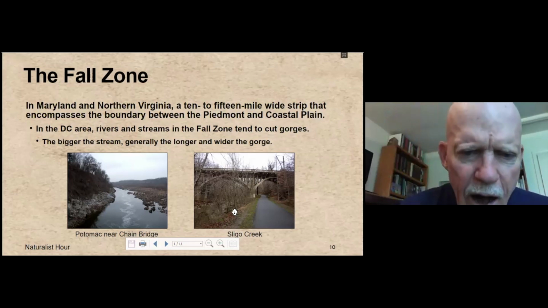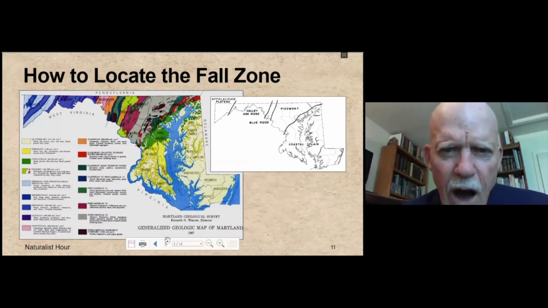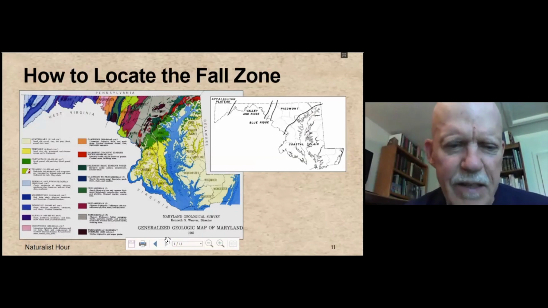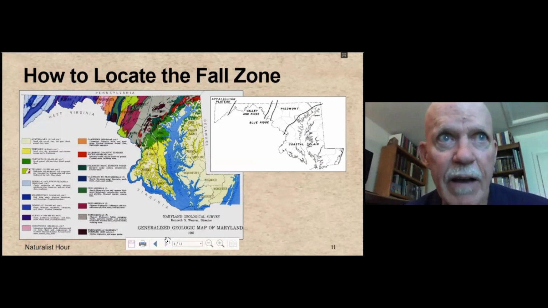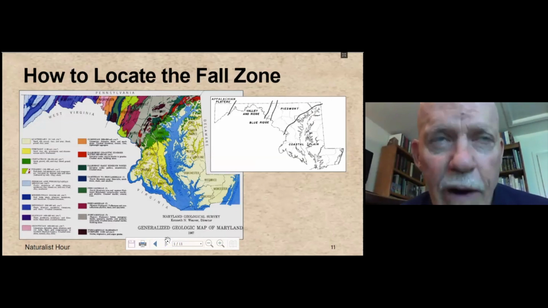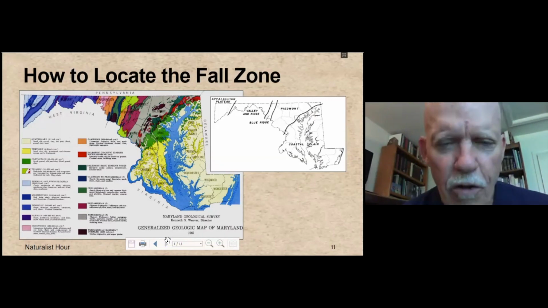So the question then is, how do you know you're in the fall zone? Now, you cannot go to some particular place in our area and look around and say, oh, this is obviously the fall zone.